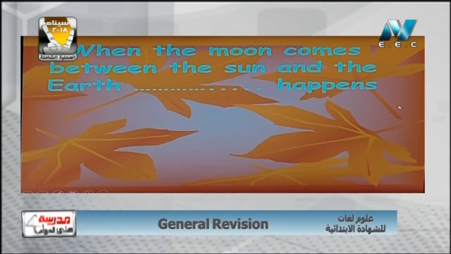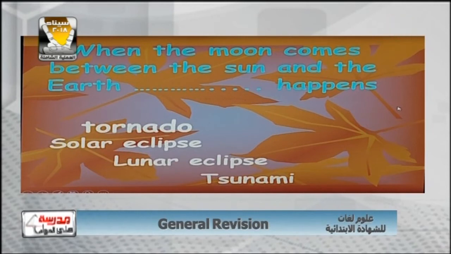When the moon comes between the sun and the earth, what happens? If we have the moon between the sun and the earth, we have a phenomenon here, as we have tornado, solar eclipse, lunar eclipse, tsunami. We know tornado means إعصار, like a twister, solar eclipse, lunar eclipse, and tsunami is a huge tide in the oceans.